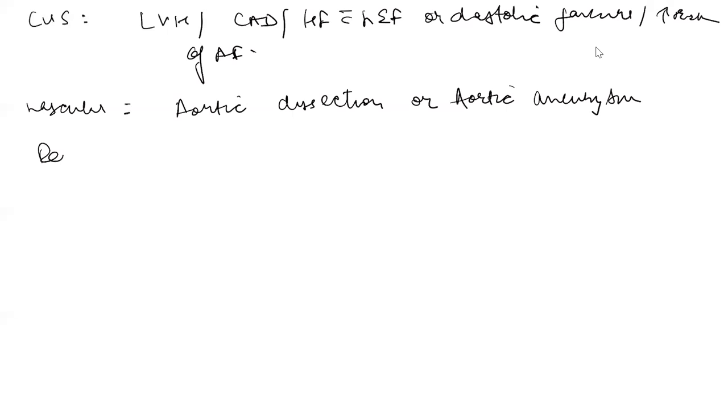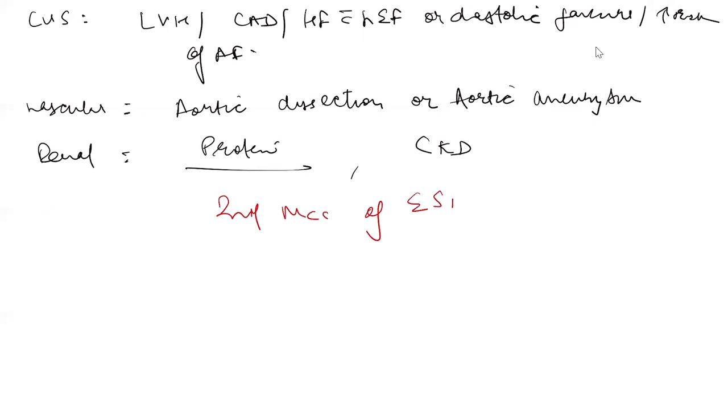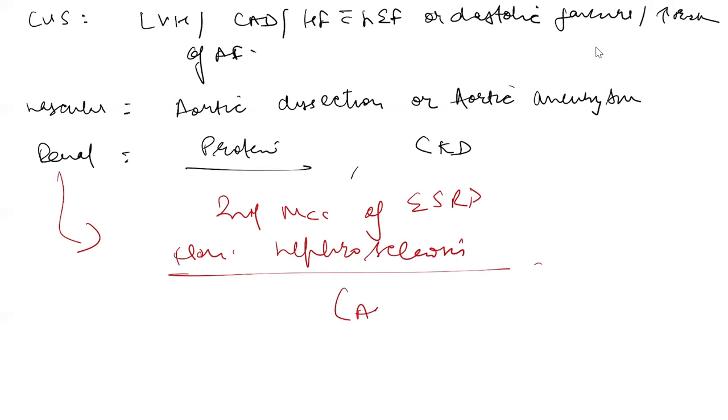In renal causes, proteinuria can be there, conversion to CKD can be there. And hypertension is the second most common cause of end-stage renal disease, and it leads to hypertensive nephrosclerosis. This is more common in patients having an APOL1 genetic variant.